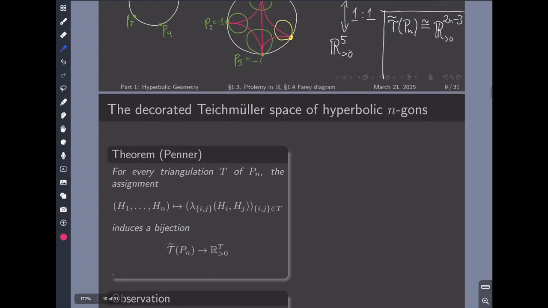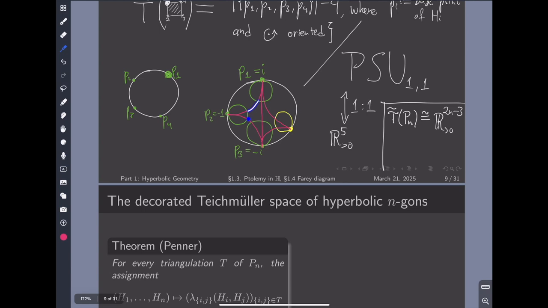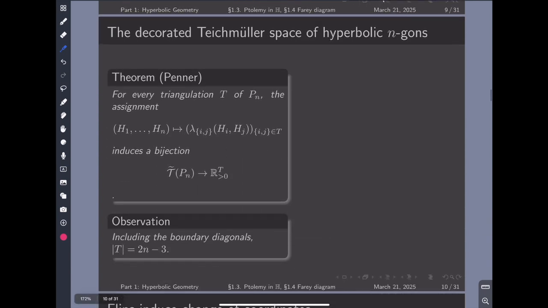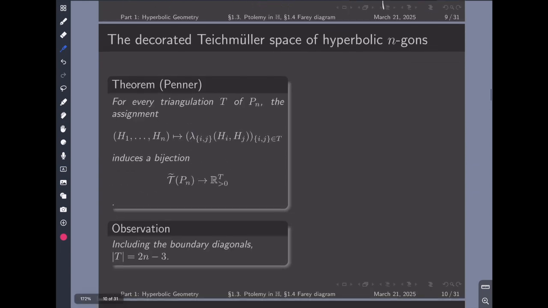So in this case, for instance, the 5 lambda lengths give a full parametrization of the decorated Teichmüller space. So this is nice. Of course the lambda lengths are exponentials of whatever, so they are positive real numbers. And the nice thing is that here all the 2n minus 3 numbers now have the same nature.